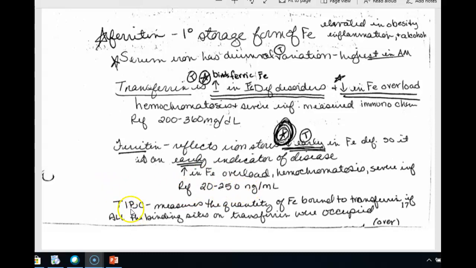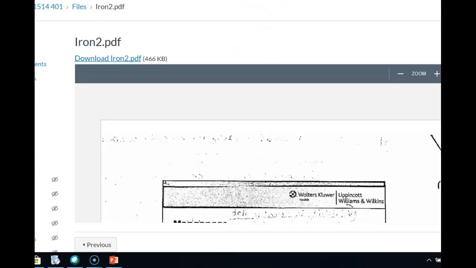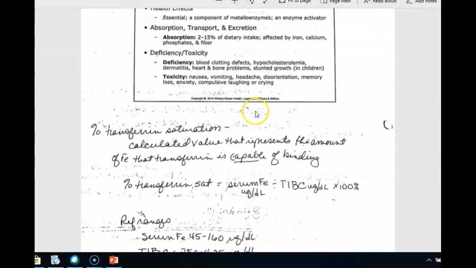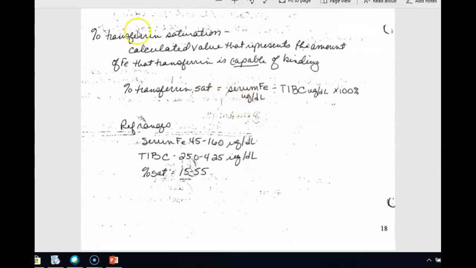The total iron binding capacity, or the TIBC, measures the quantity of iron bound to transferrin. If all the binding sites on transferrin were occupied, we're going to go to number 2. The percent transferrin saturation is a calculated value that represents the amount of iron that is capable of binding.